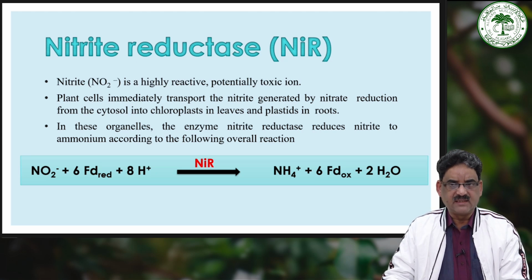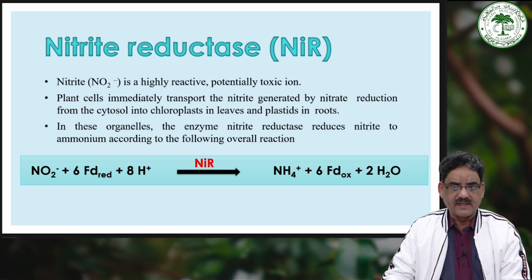Once inside these organelles, nitrite undergoes a reduction reaction mediated by the enzyme nitrite reductase. This enzymatic conversion transforms nitrite into ammonium, as shown in the reaction, that is a less toxic and more readily utilizable form of nitrogen for the plant.